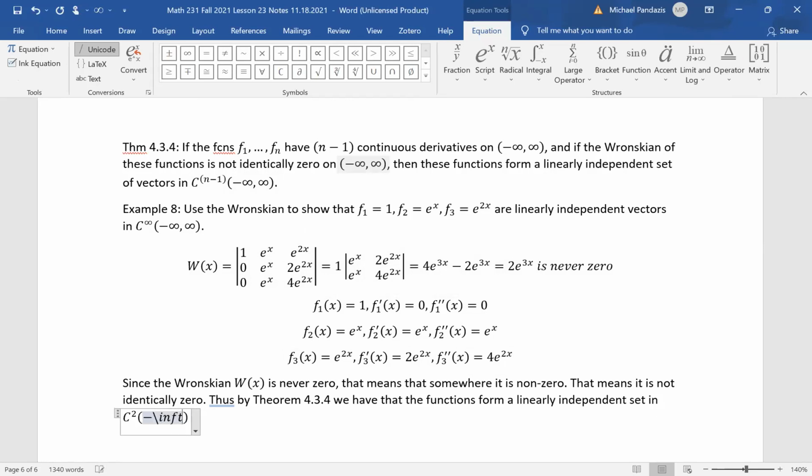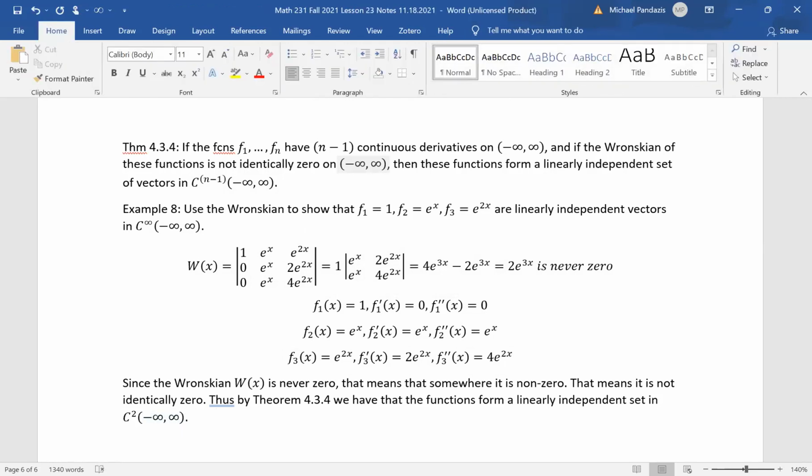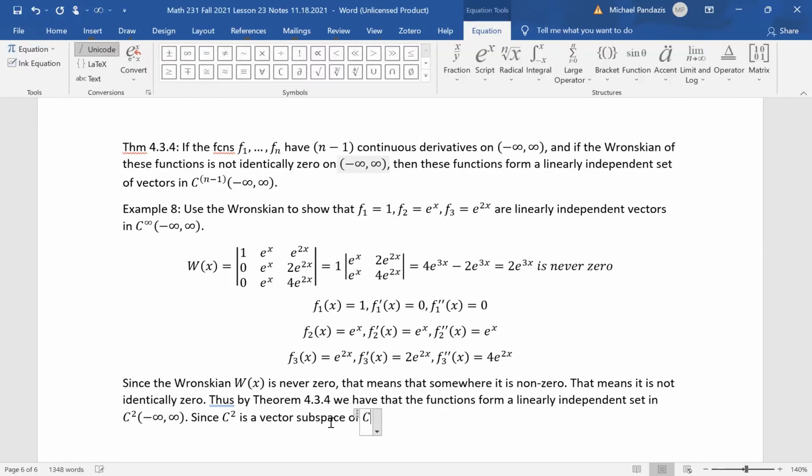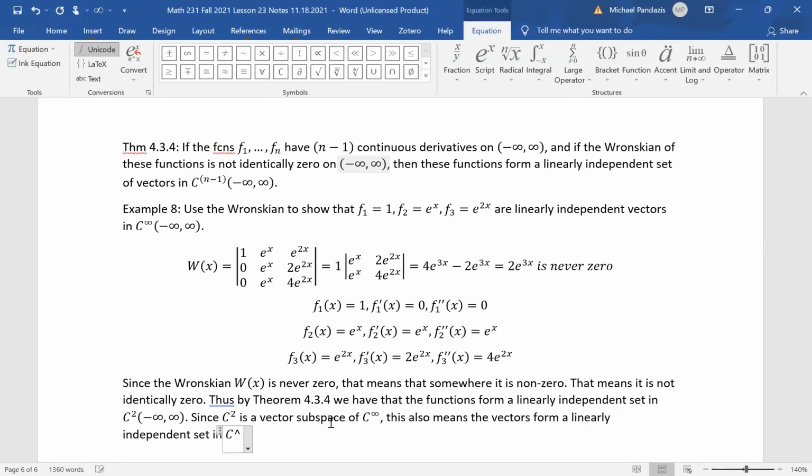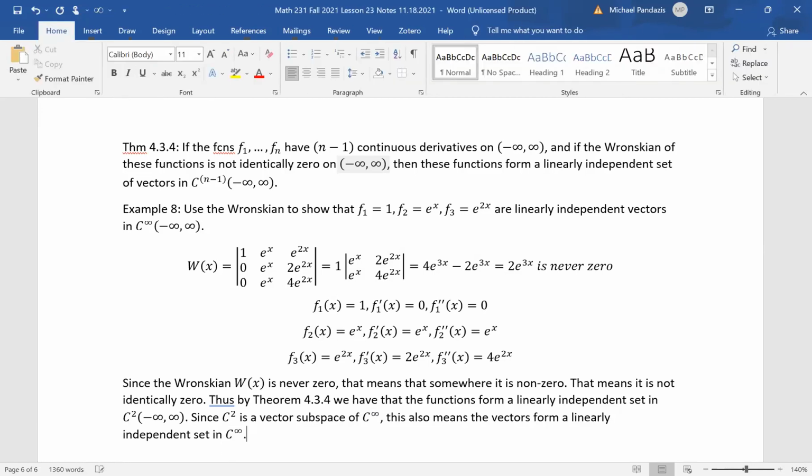But it's actually true that C2 is a vector subspace of C infinity. And so since C2 is a vector subspace of C infinity, this also means the vectors form a linearly independent set in C infinity of negative infinity, comma infinity on the real line.